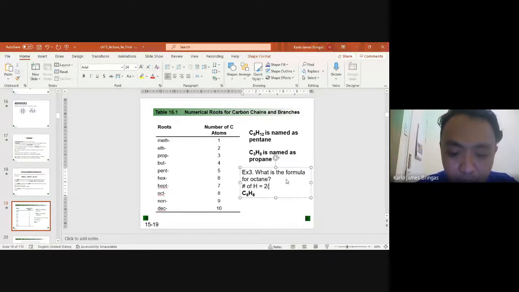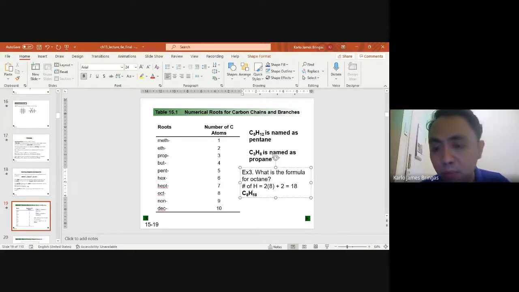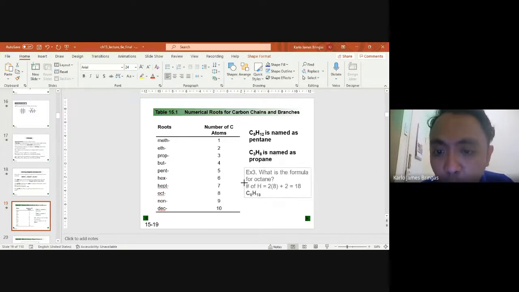So 2 times 8 plus 2 gives me, so how much ba ito? 2 times 8 is 16 plus 2 gives me 18. For this example, the formula for octane is C8H18. By the way, octane is the main component ng ating gasoline that powers our cars. So that is one particular example of an octane.